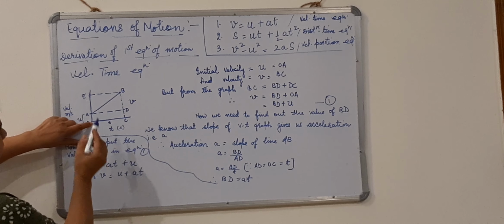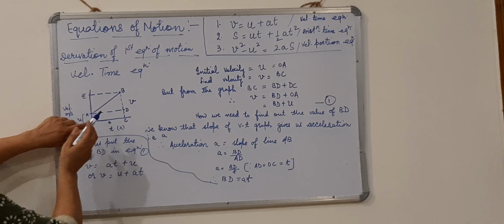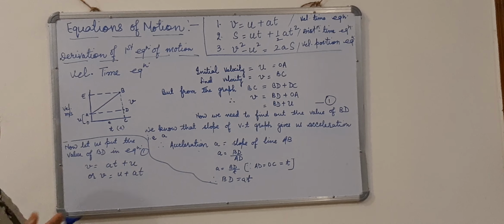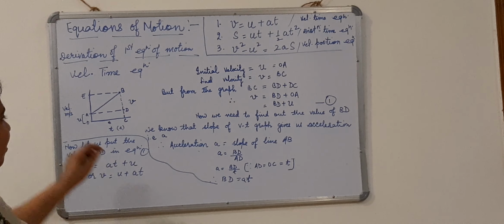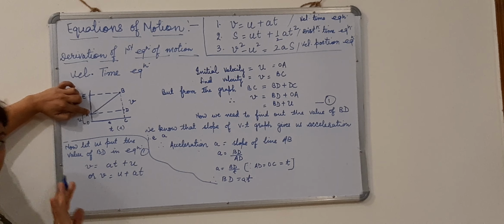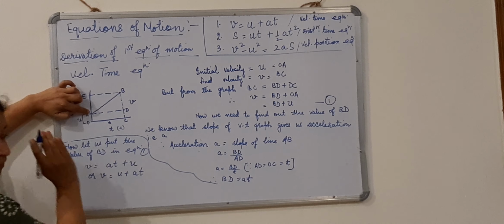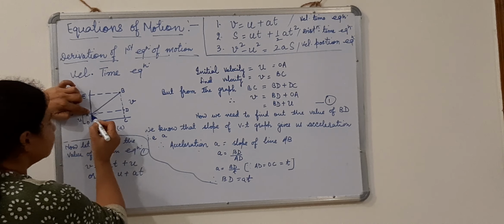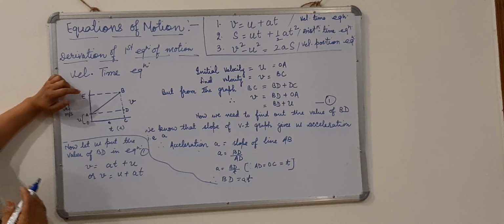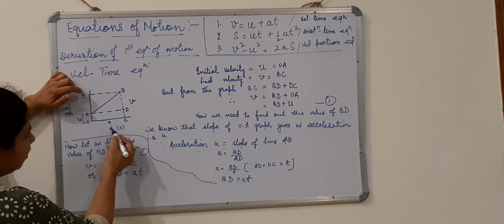Suppose it was moving with a velocity of 2 meters per second. Up to point A, the object has moved with 2 meters per second. It has not changed with time. Then its velocity changes from A to B at a uniform rate in time t.